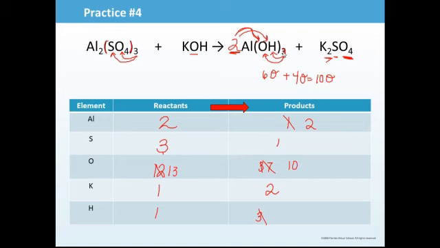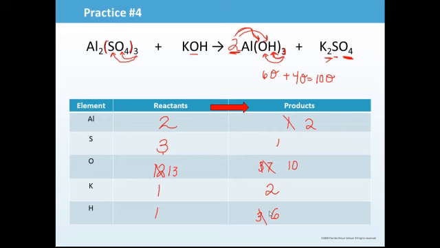Once again, that was this subscript outside of the parentheses. Remember, that still gets multiplied in. So we have 3 oxygens, and then the 2 out front gets multiplied by it. So 2 times 3. Same thing for the hydrogen. 3 hydrogens here times the 2. 3 times 2 is 6.